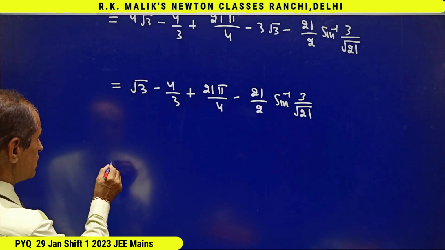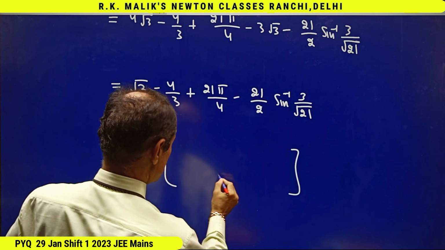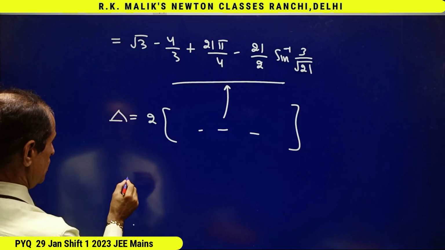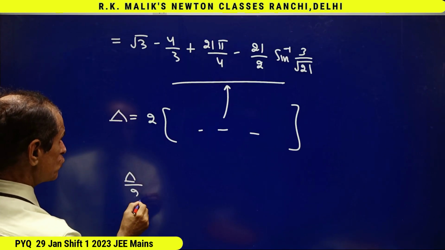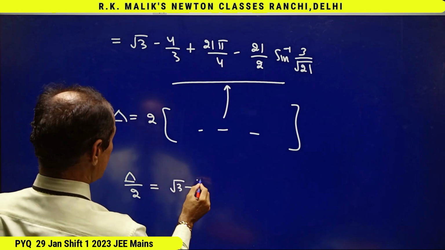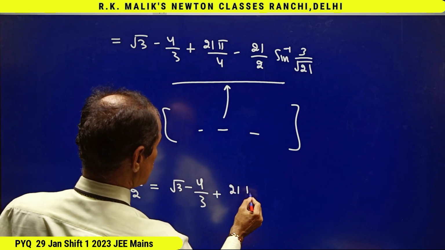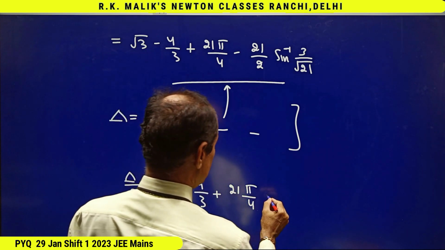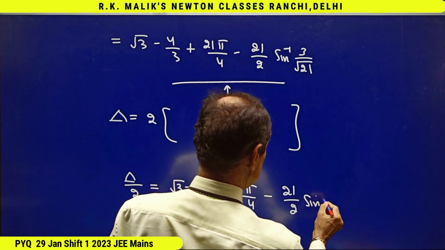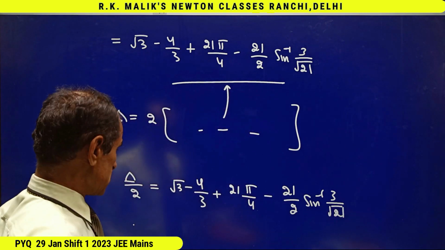Therefore according to the question, delta is twice of this whole. Hence delta by 2 will be equal to root 3 minus 4 by 3 plus 21 pi by 4 minus 21 by 2 sin inverse 3 by under root 21.